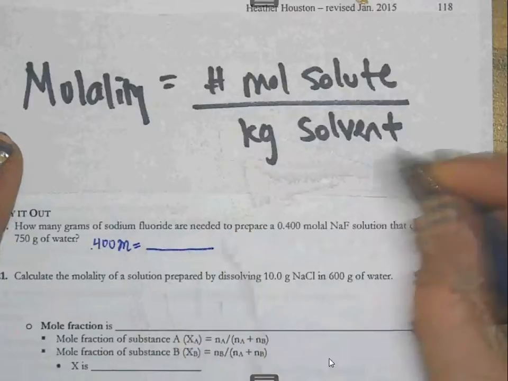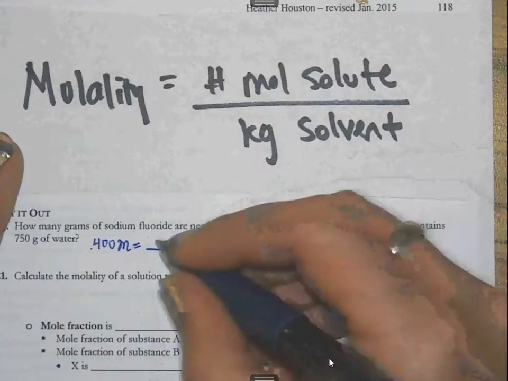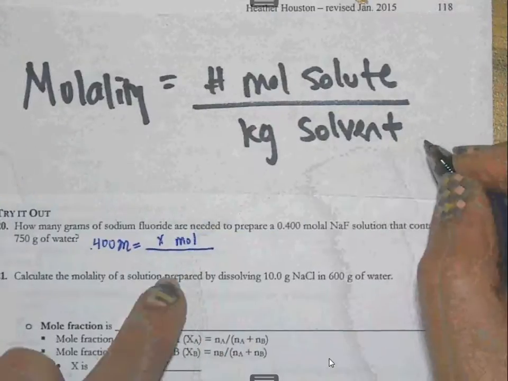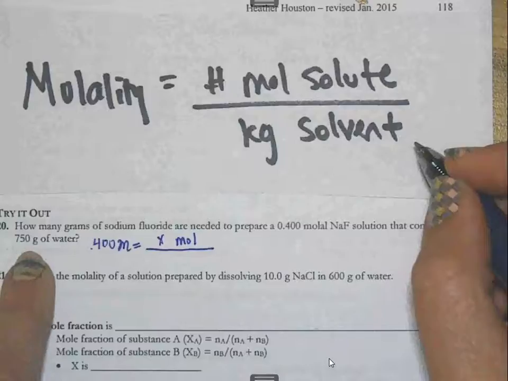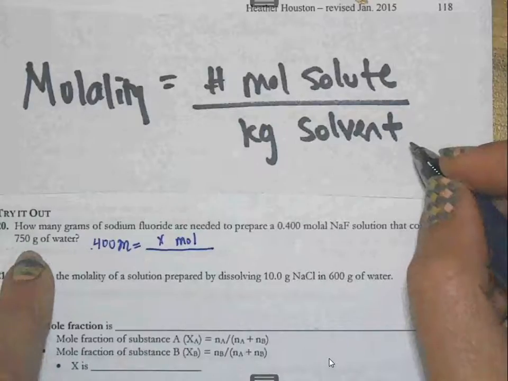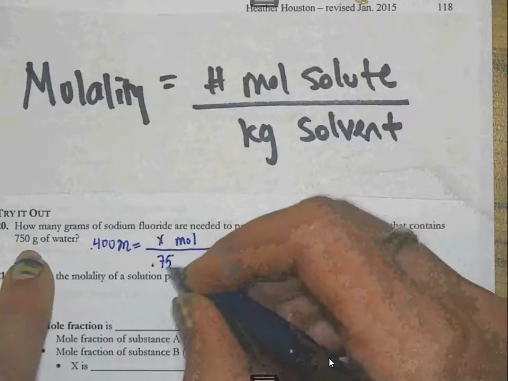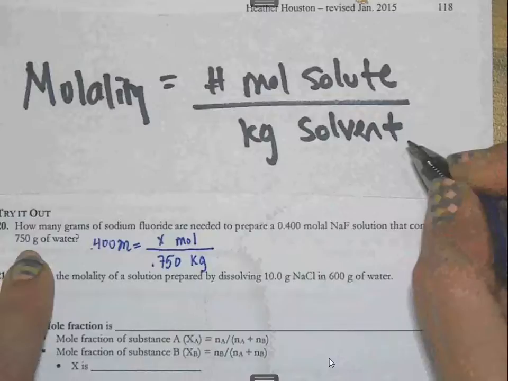Well, if it's 0.400 molal, what that tells me is that it's some number, X number of moles over the amount of water. Well, here's the amount of water, 750 grams. I need to convert that to kilograms. So I'm going to have to divide by 1,000, and that makes it 0.750 kilograms.